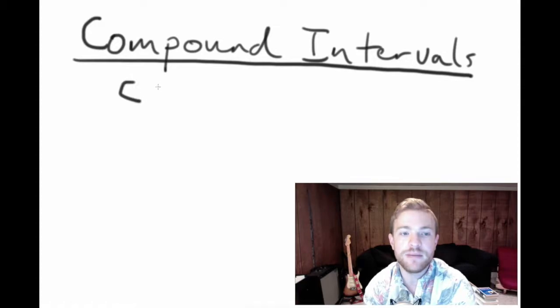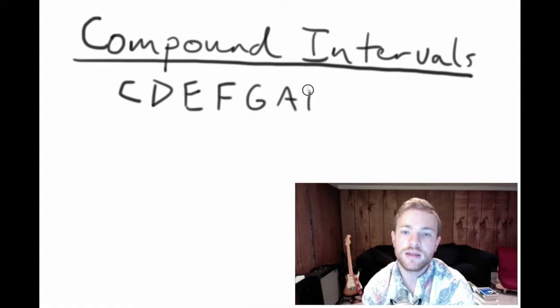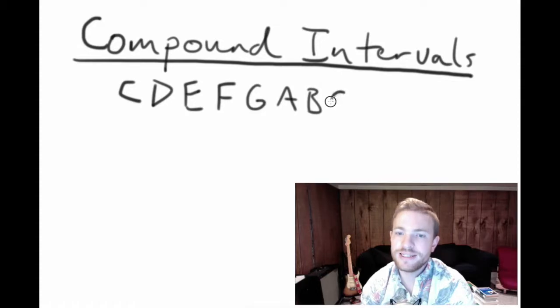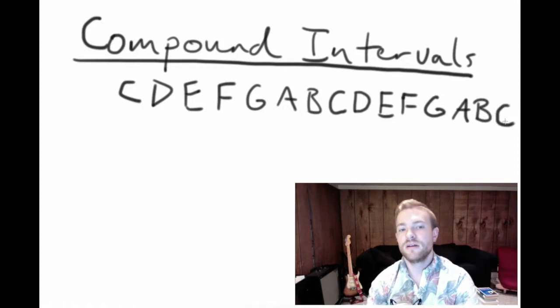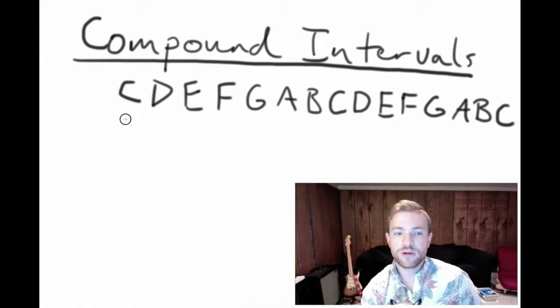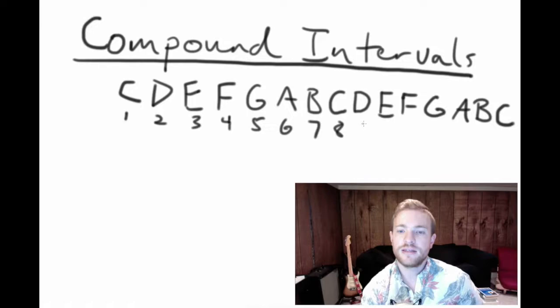So for example, let's take that C major scale that we were using before, C, D, E, F, G, A, B, and let's go ahead and continue that scale up through the second octave, C, D, E, F, G, A, B, and end it one more time on a C. And I'm going to number each one of the degrees of this scale, 1 through 15. 1, 2, 3, 4, 5, 6, 7, 8.